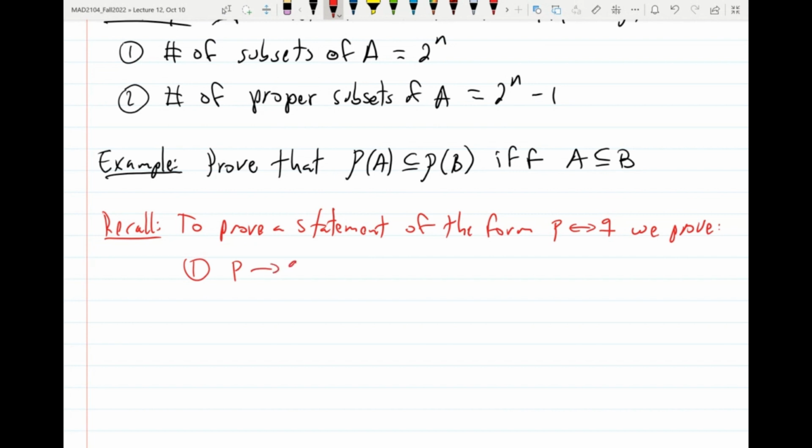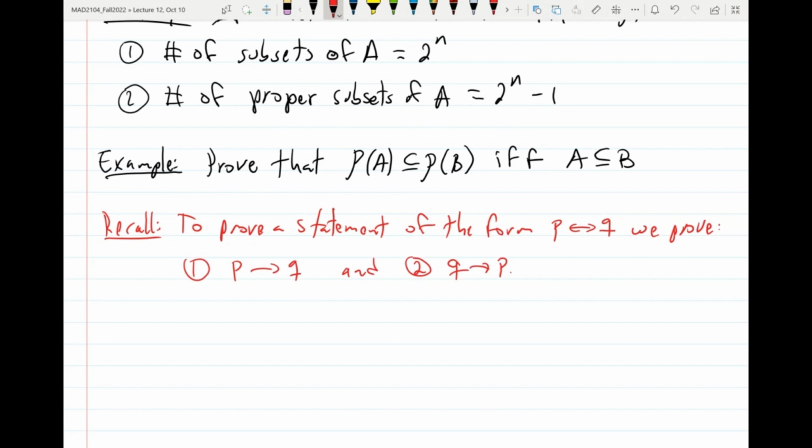First, we prove that P implies Q, and then second, we also prove that Q implies P. Because remember, P if and only if Q is equivalent to P implies Q and Q implies P. So every time that you want to prove a biconditional statement, this is what you do. You need to prove one direction, but then you also need to prove the other.